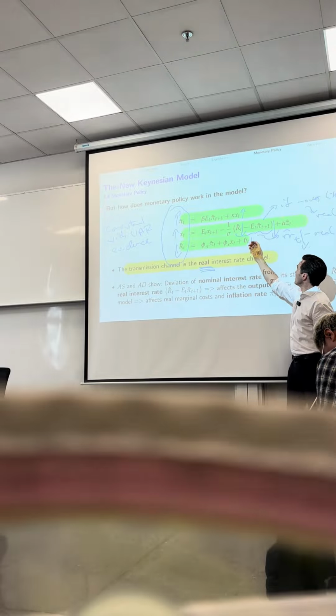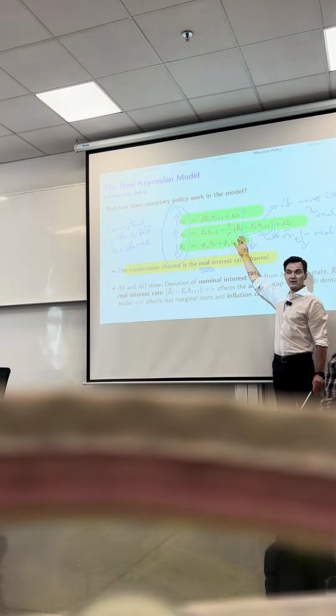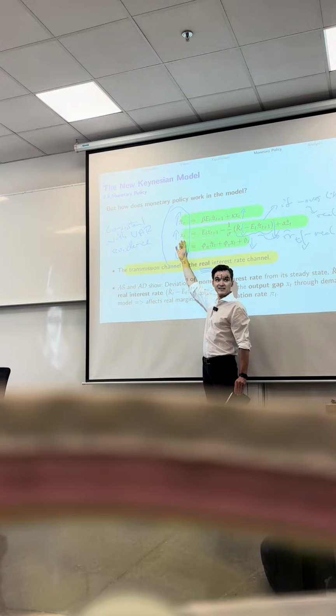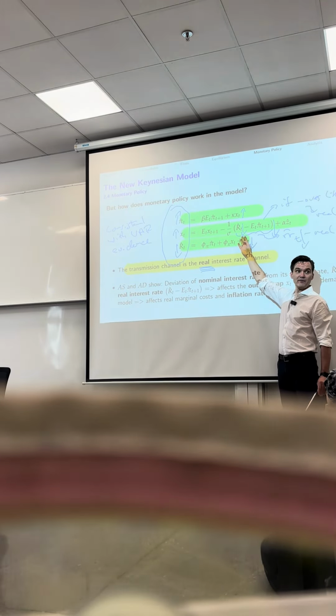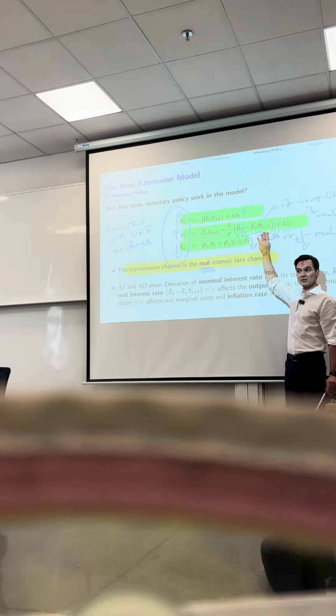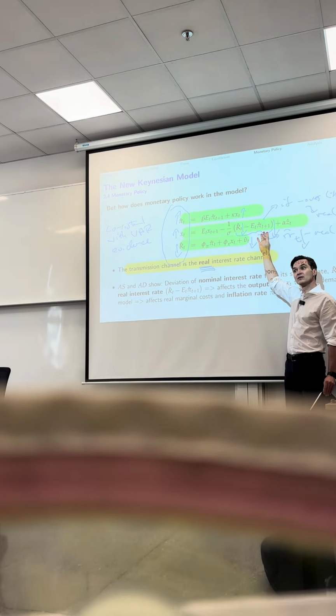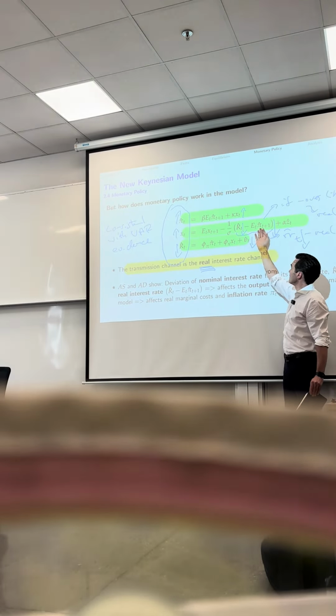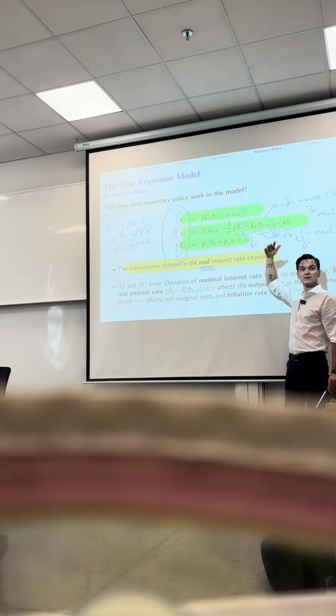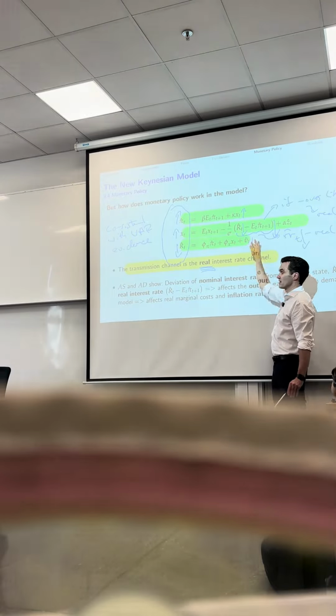And the central bank can affect that demand for goods, or desire to save, by changing the nominal rate only when inflation is sticky, when prices don't adjust immediately. In other words, when the central bank cuts the nominal rate and expected inflation doesn't move much, then it can affect the real interest rate.